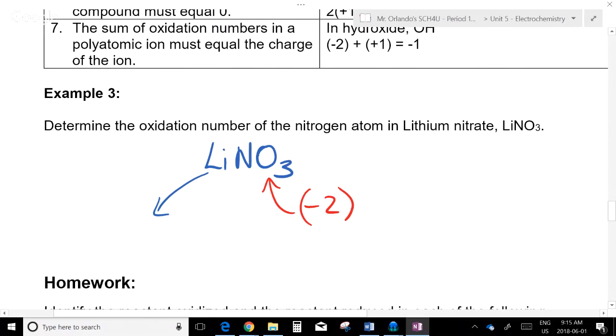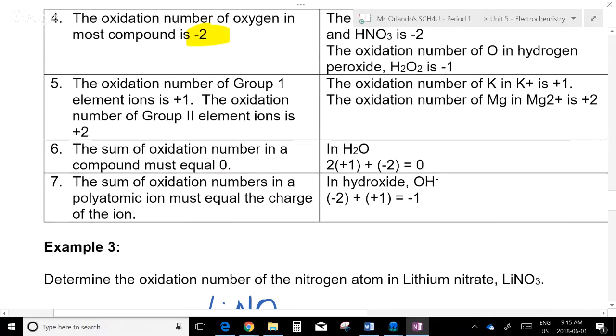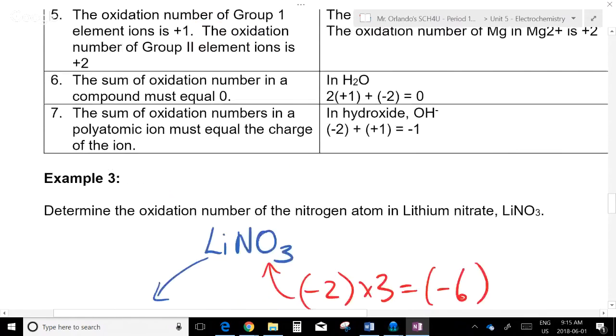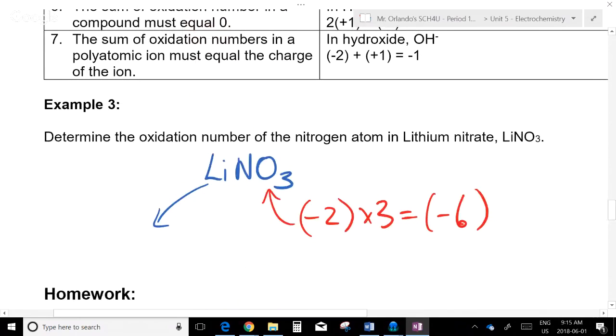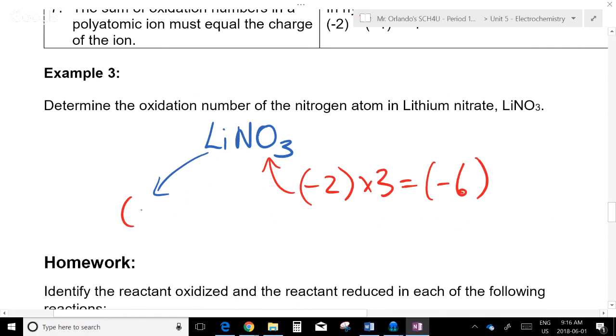And how many of them are there? 3 of them, for a total oxidation number of -6. Okay, next. The oxidation number of group 1 elements is +1. The oxidation number of group 2 elements is +2. Does that apply to anything here? Lithium. Lithium's in what group? 1. So it must have +1.